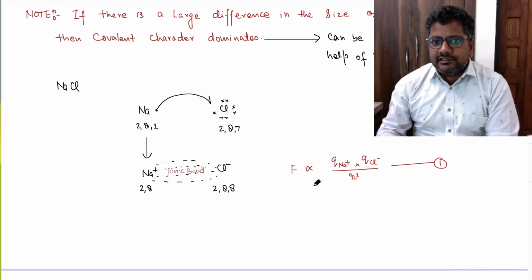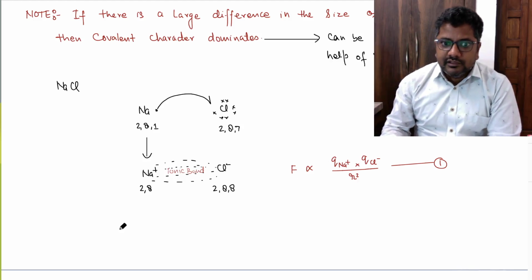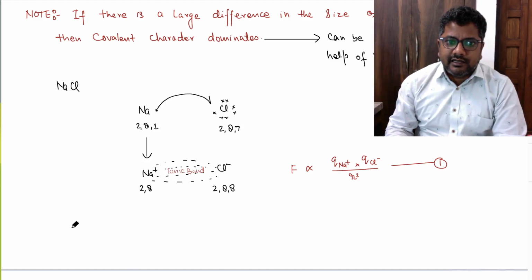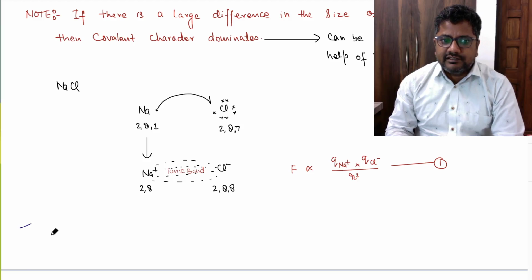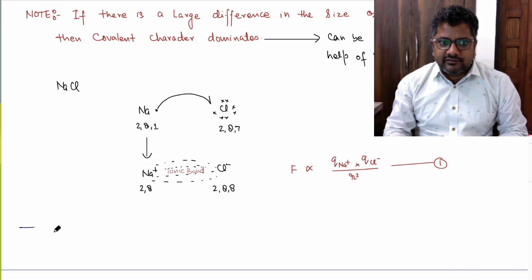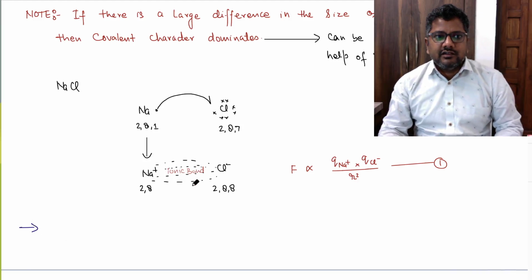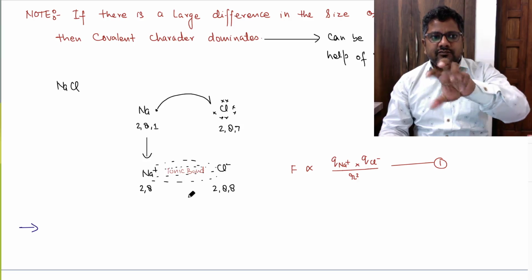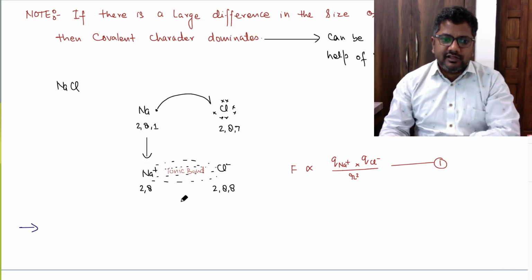This is the magnitude of force of attraction, and you can express it with different constants. So one very important feature of ionic compounds is that this bond is non-directional, meaning in all directions the force of attraction is the same, right?